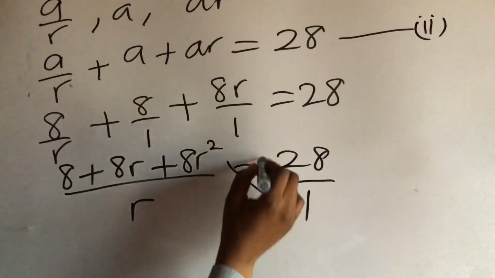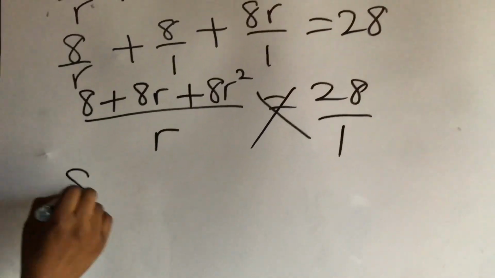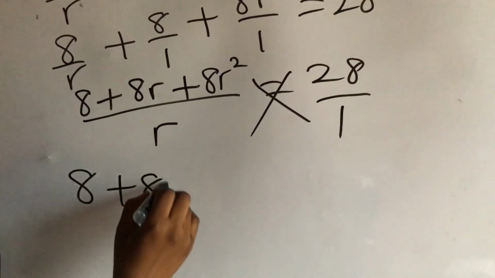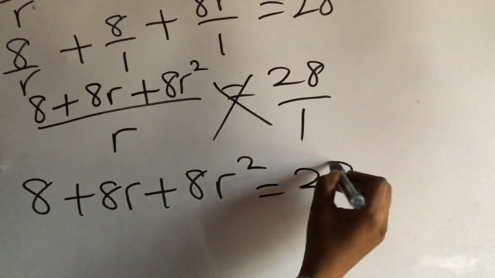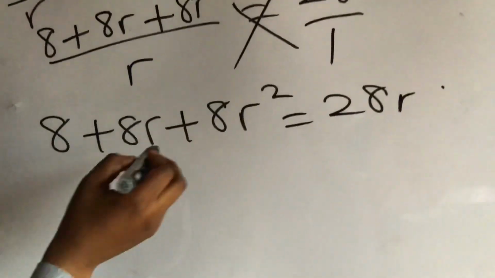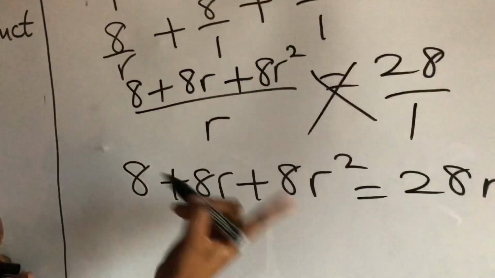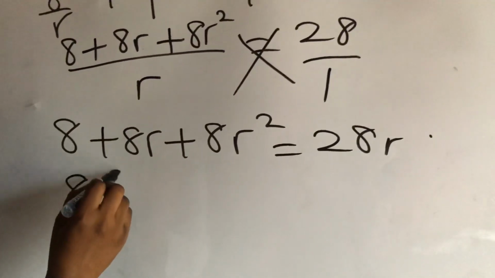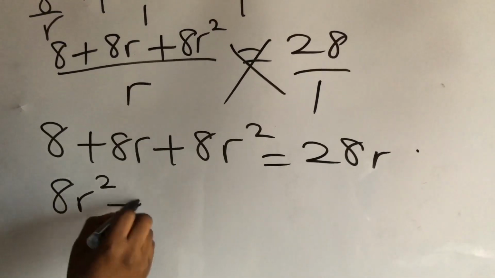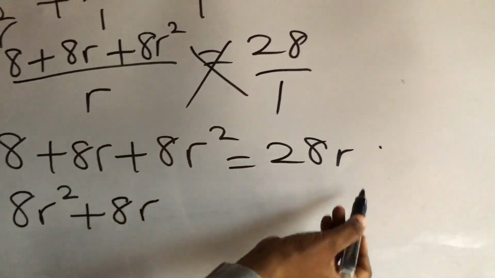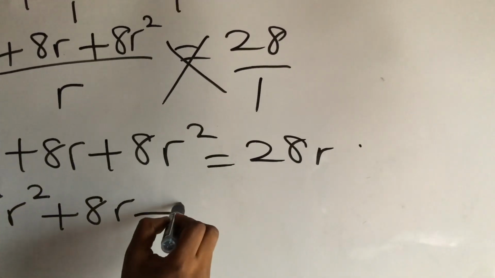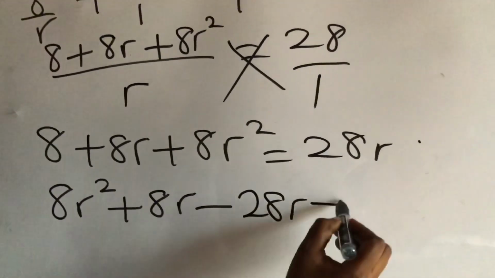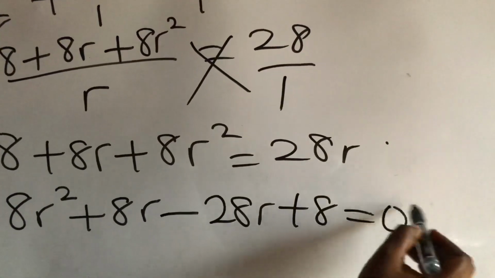Cross multiplying gives 8 plus 8R plus 8R squared is equal to 28R. So let's rewrite: 8R squared plus 8R, then we want to collect like terms, minus 28R plus 8, everything is equal to 0.